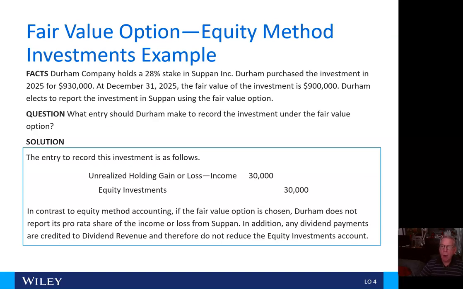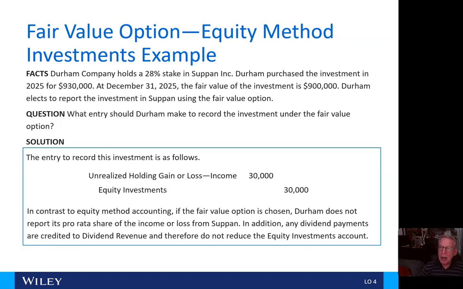Okay, now under the equity method, Durham Company holds a 28% stake in Supan Incorporated. Durham purchased the investment in 2025 for $930,000. At December 31st, 2025, the fair value of the investment was $900,000.